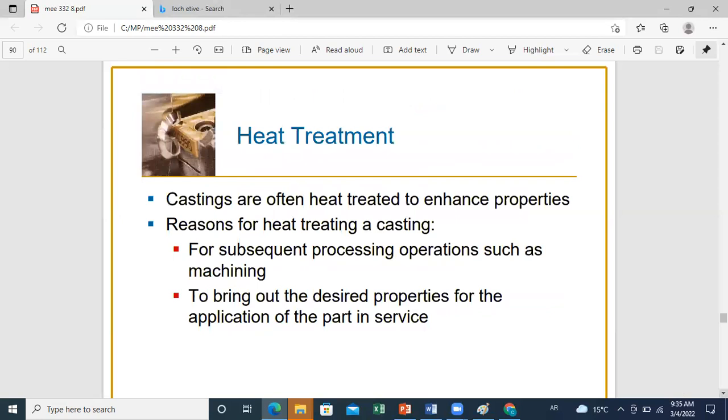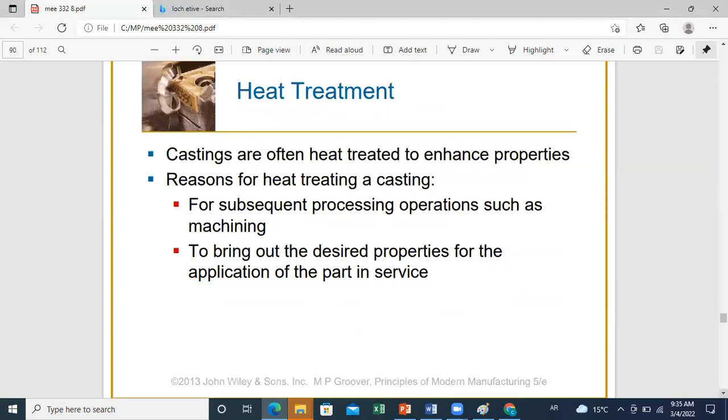Now, concerning heat treatment, we already mentioned before that heat treatment can enhance the mechanical properties of a cast. So, castings are often heat treated to enhance their properties. The reasons for heat treating include subsequent processing operations such as machining. As I told you, in general, for sand casting, for example, you have low accuracy.